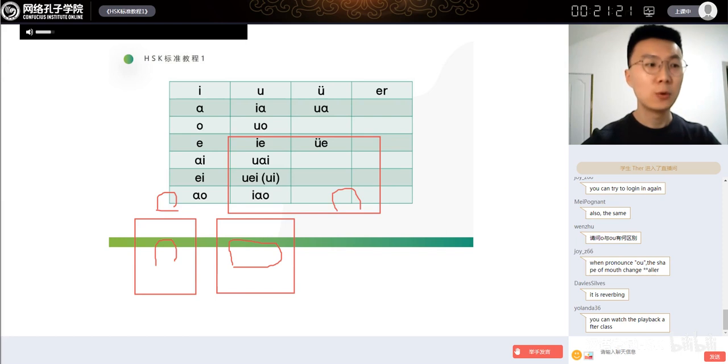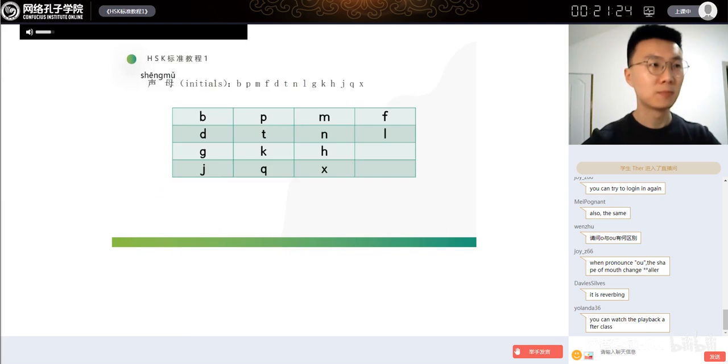Okay, these are the 韵母 we learned today. Now let's go to 声母, initials. Today we will learn 14 声母, 14 initials. First, please listen to me. In order to make each pronunciation easier to recognize, I will add a vowel after each initial. Listen to me.